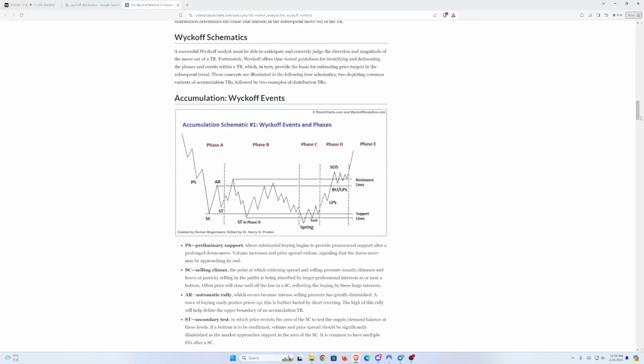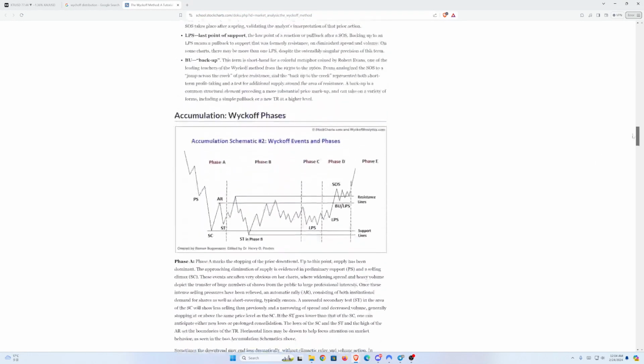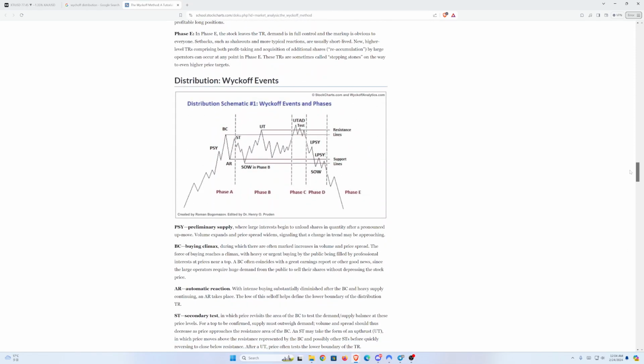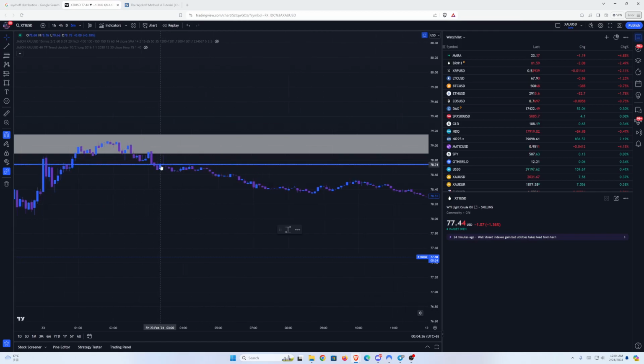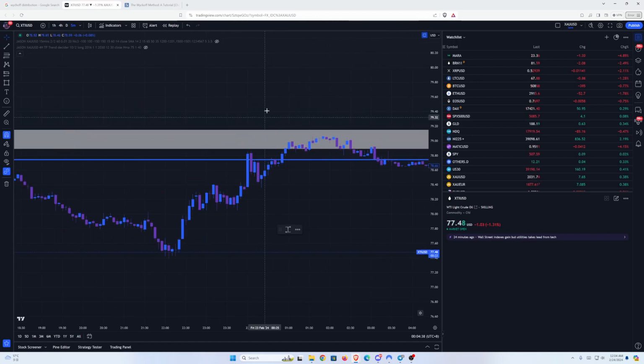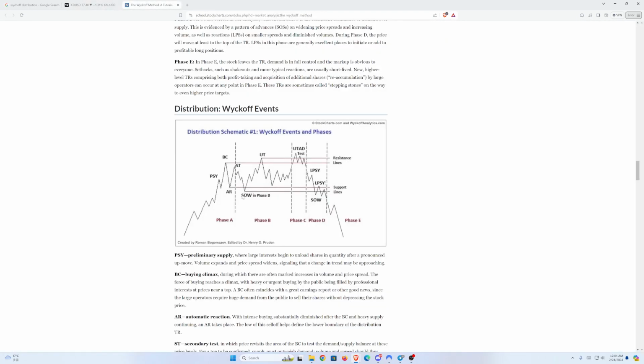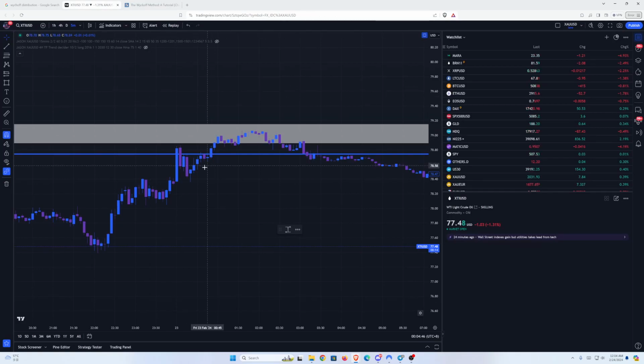And this is accumulation. Let me go to distribution. Yeah, so here if you zoom in, you will see some kind of relevant pattern here. There's one top, second top, and the third top is the highest. See, one top, second top, third top.